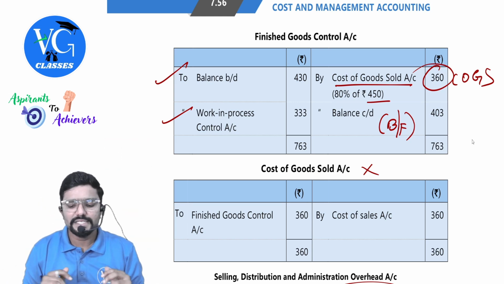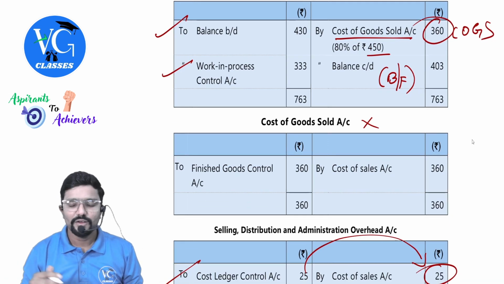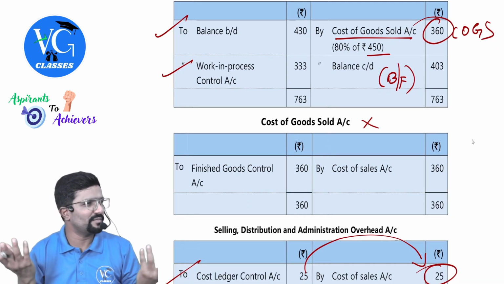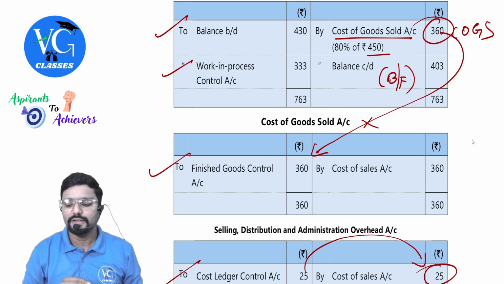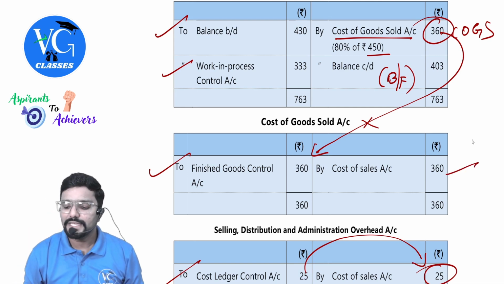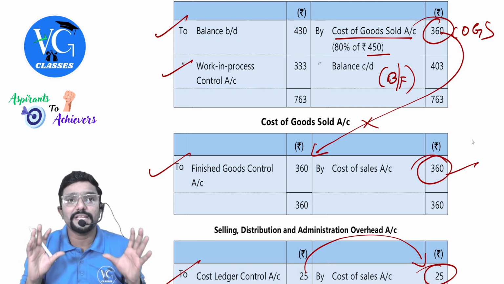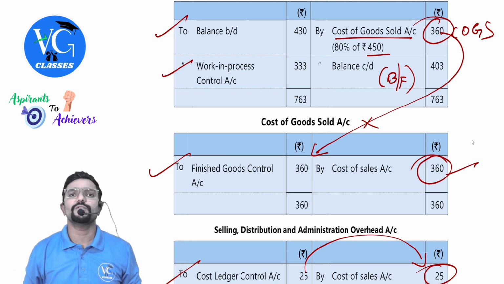Clear? Sir, is it wrong to maintain a cost of goods sold account? No, it is an extra account, debit and credit of equivalent amount. Why maintain it? Whatever is transferred is received here and they are transferring it to cost of sales account. Guys, it is transferred to cost of sales account, but the amount is called cost of goods sold.